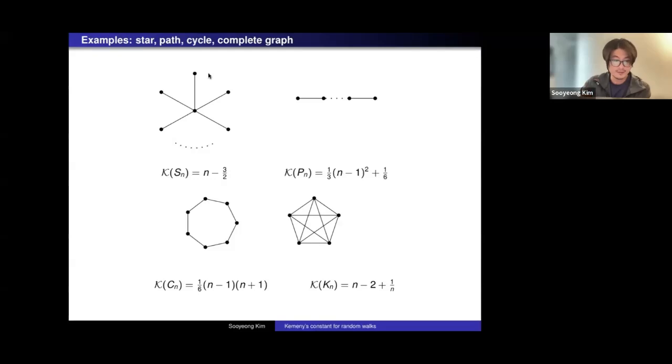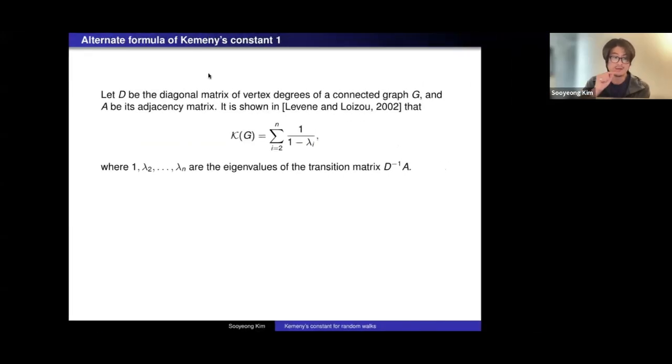Okay. So for that, let me introduce some various formulas. Instead of using the definition, we can use other formulas. So Kemeny's constant can be expressed in terms of the spectrum of the transition matrix here. D is the degree matrix, and A is the adjacency matrix of graph G. Here, this D inverse plays a role like normalizing each row of A, which means when you take each row and sum over all entries, you have 1, which means the all-ones vector is going to be your eigenvector corresponding to eigenvalue 1.